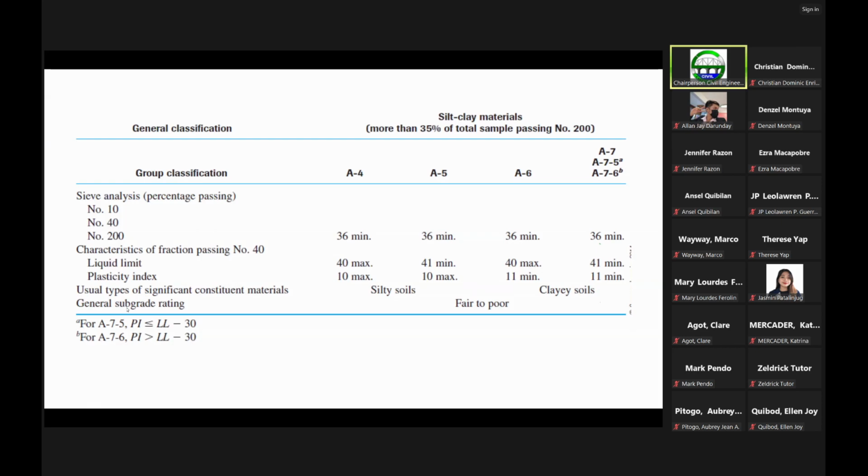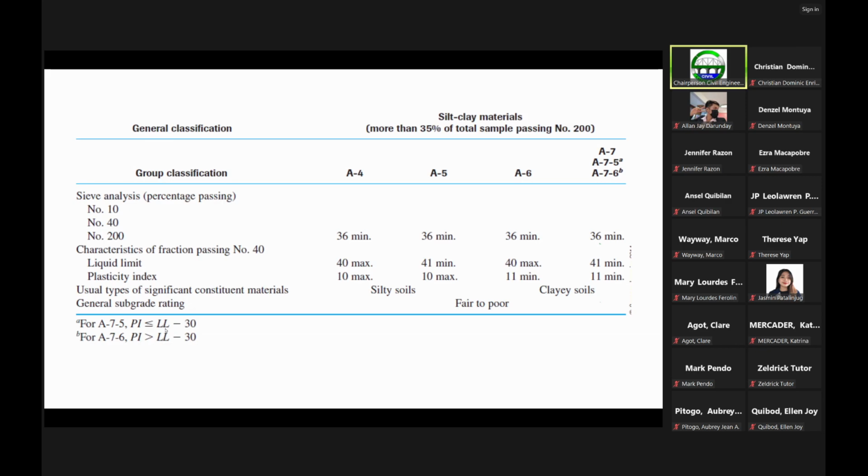Now, just a note here for the A-7 subtype, it still has two subtypes: A-7-5 and A-7-6. For A-7-5, the PI is less than or equal to the liquid limit minus 30.